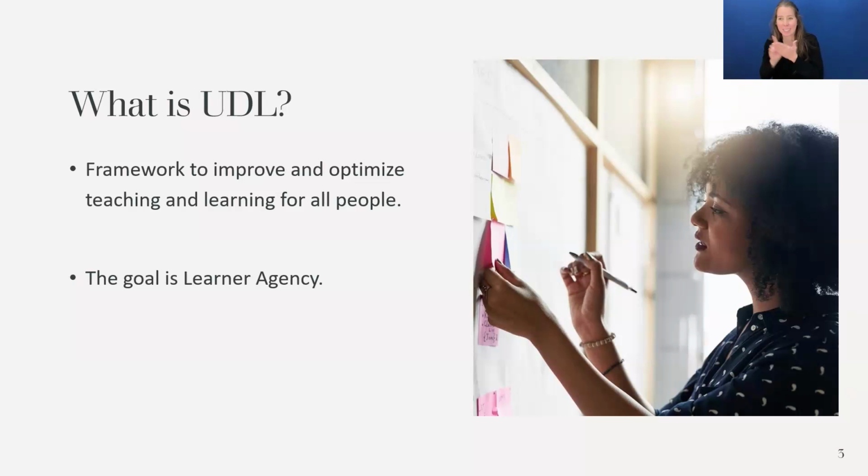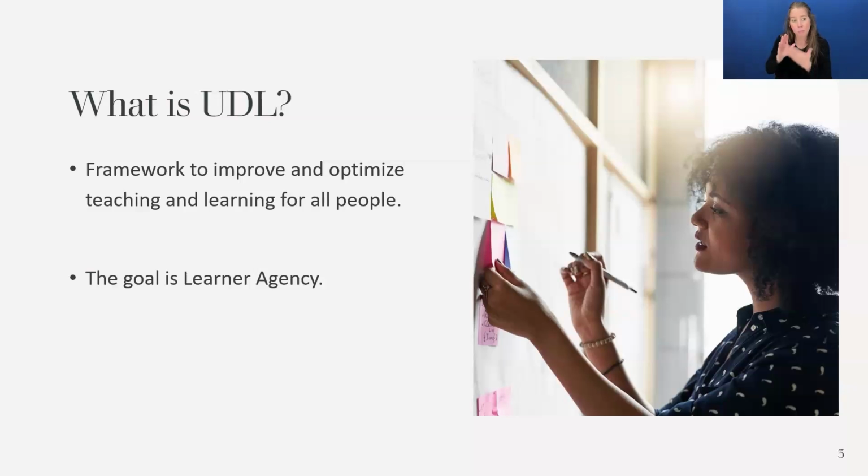universal design for learning. It's a framework that guides the design of our learning environments and experiences so that they're accessible and inclusive, equitable, and challenging for every learner. And so when we intentionally design the learning environment to reduce barriers, every learner can be challenged and learn in a meaningful way.